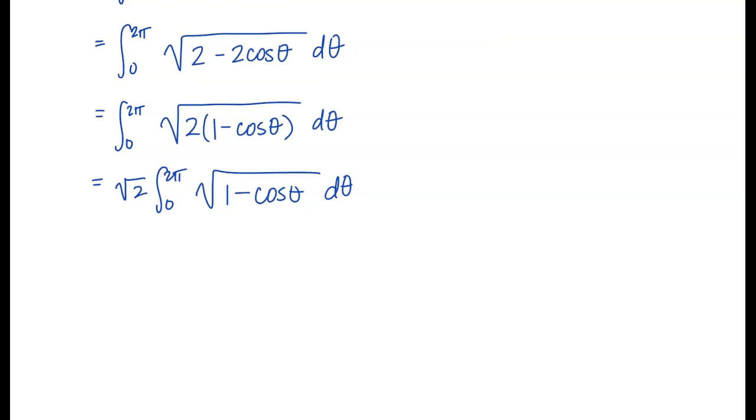So let's remind ourselves of the power reducing formula for sine. So sine squared x is equal to 1 minus cosine of 2x over 2. So I have 1 minus cosine theta. So it's similar, but not quite the same thing. So here's what I'm going to do. I'm going to multiply the 2 to the other side here.